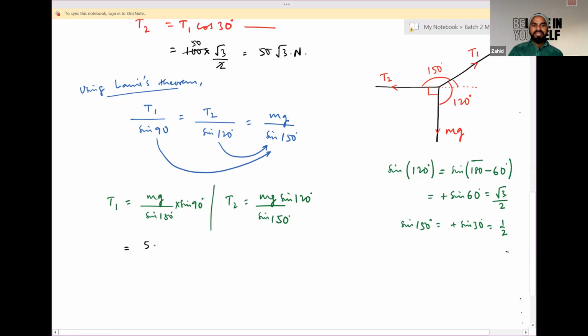Mass is 5, gravity is 10, sine of 150 is 1 by 2, and sine 90 is 1. So this 2 will move to the numerator, and you will get 100 Newton. For the second part, mass is 5, gravity is 10, sine 120 is root 3 by 2, and sine 150 is 1 by 2. So this 2 and this 2 will cancel out, and you will get 50 root 3 Newton.